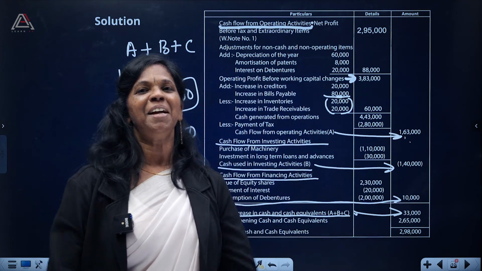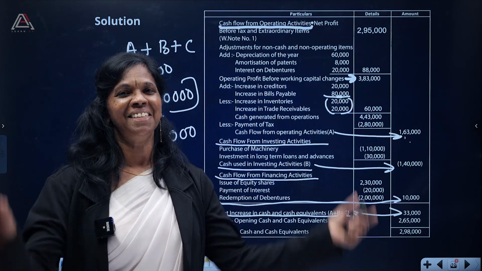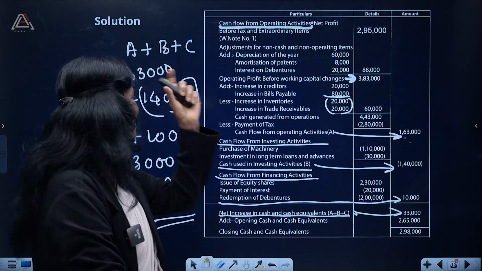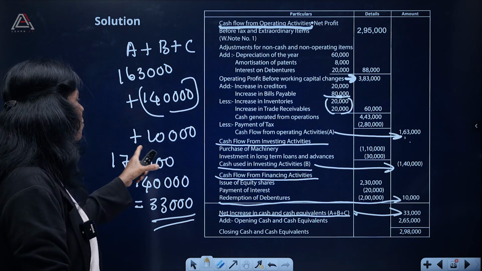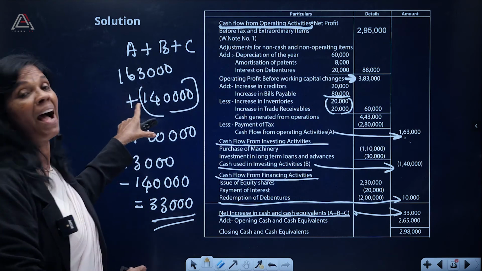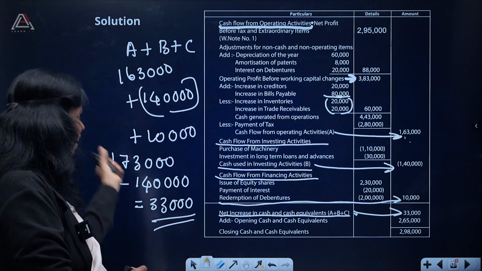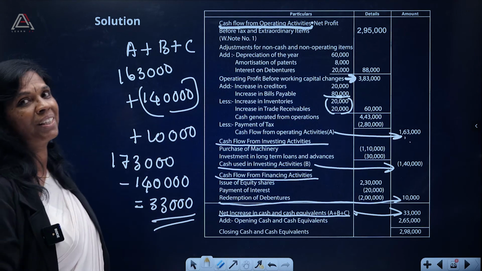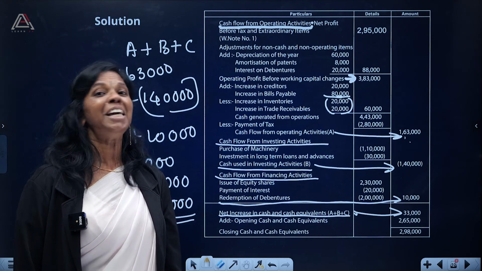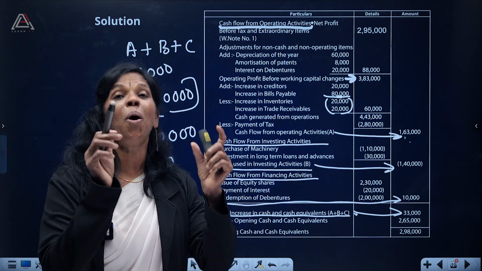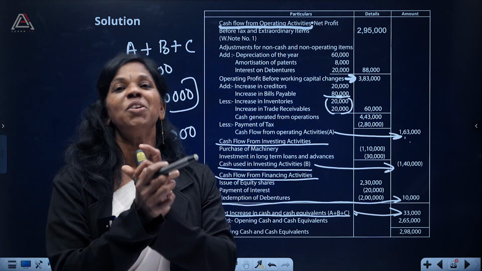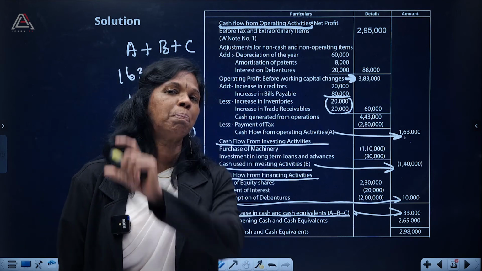How do you understand? A plus B plus C. Okay, 1,63,000. This is a minus figure. So we have to first add these two totals, and from that total we subtract 1,40,000. So we got 33,000. Dear students, along with that, if you add the opening cash balance, you will get the closing cash balance, which means your problem is correct.